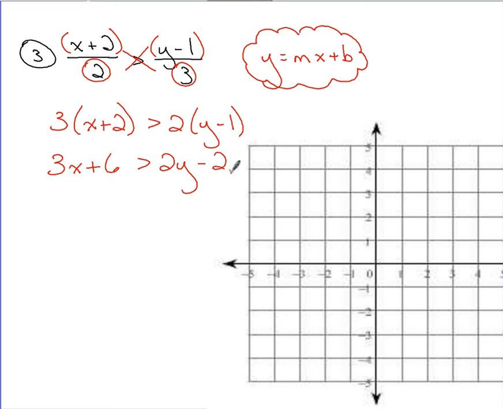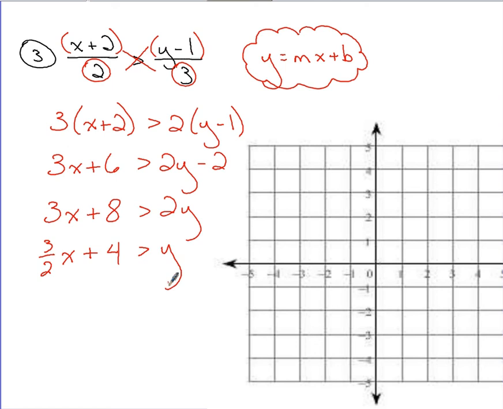So I'm solving for y. As I solve for y, I could add the 2 over here. That's 3x plus 8 greater than 2y. Now divide everything by 2. Dividing everything by 2, I've got 3 divided by 2 here. That's 3 halves x, plus 8 divided by 2, 4, all greater than y.